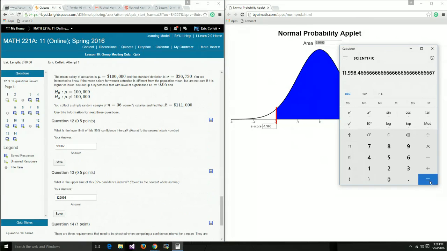And then you should get 11,998. Does that make sense? Yeah, it does make sense. I think you just forgot to do the z-score part.